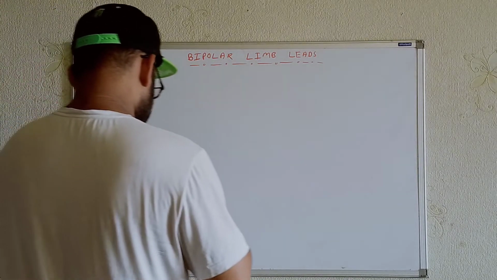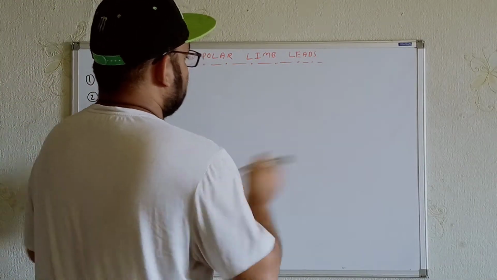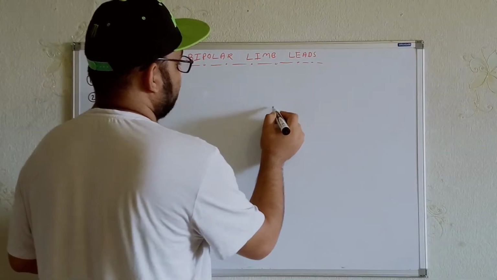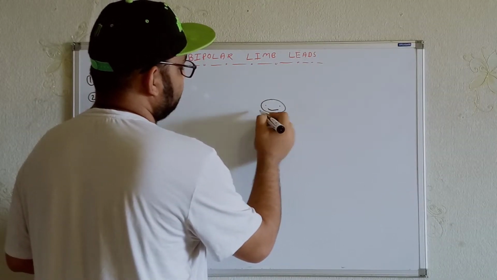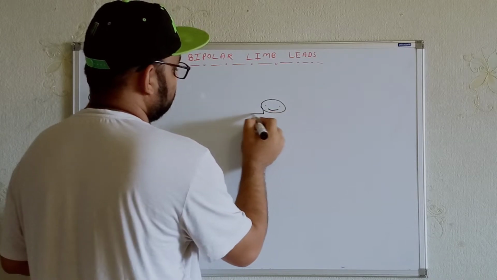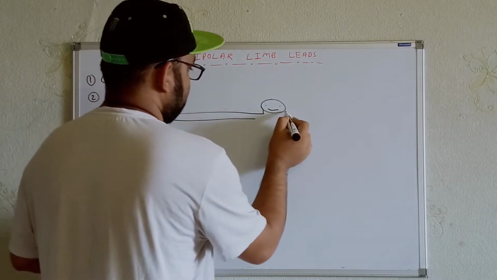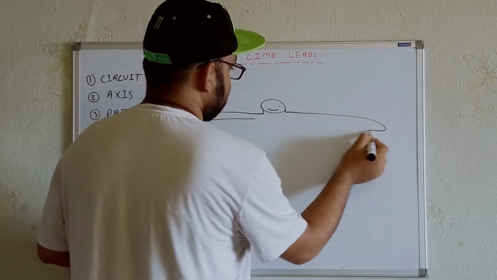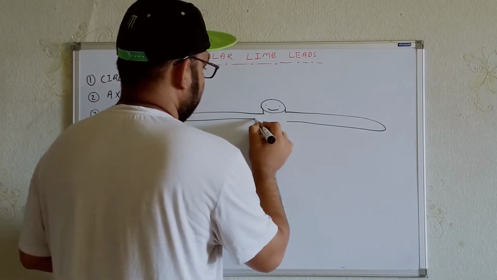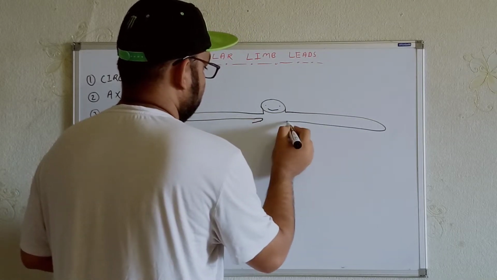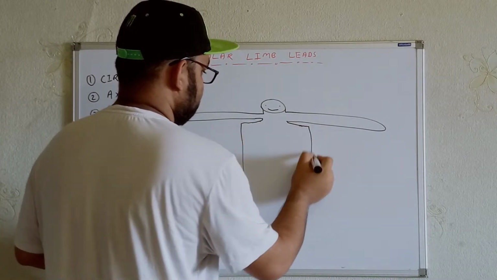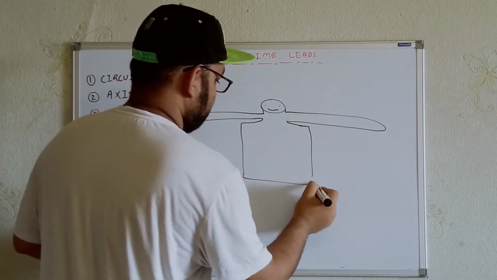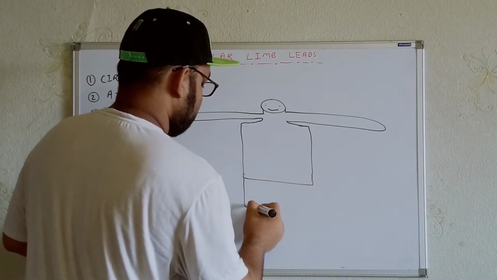Okay, now see, I'm taking the individual over here, with the hand over here, the trunk over here, and for example, these are the lower limbs.